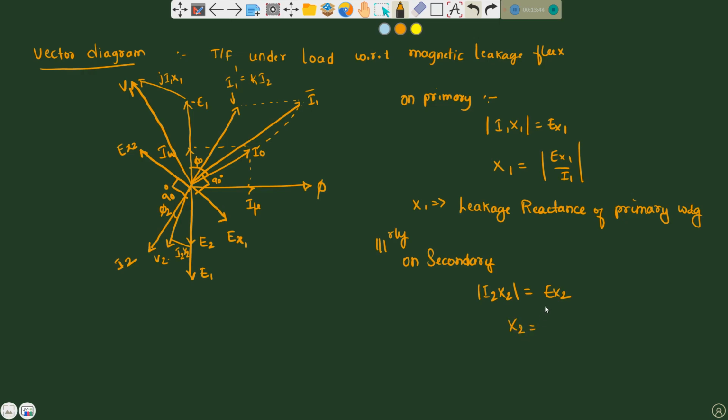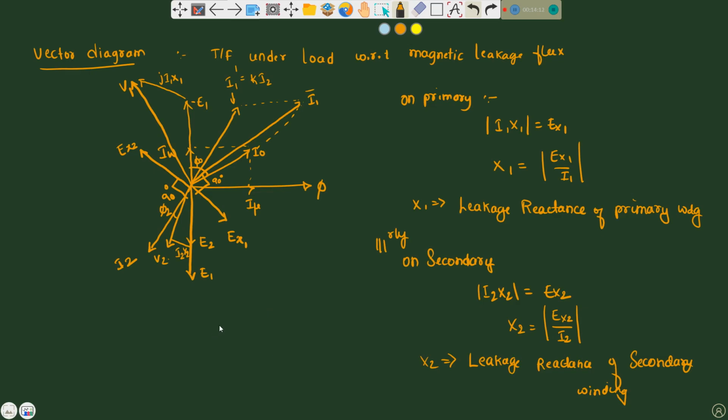That will be X2 equals the magnitude of Ex2 divided by I2. So X2 will be the leakage reactance of the secondary winding. Okay.